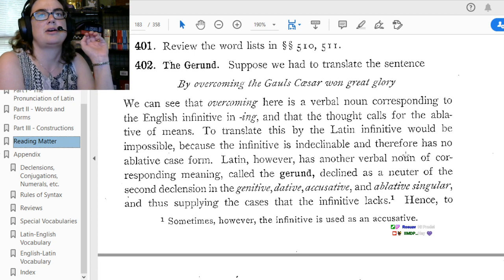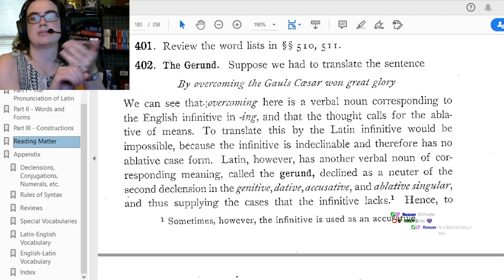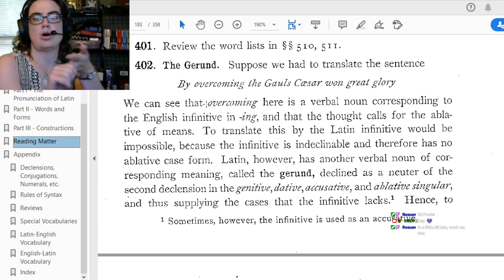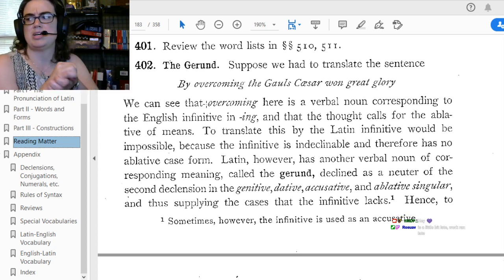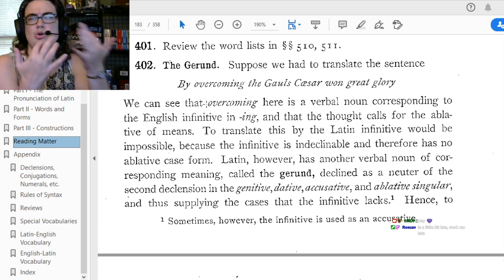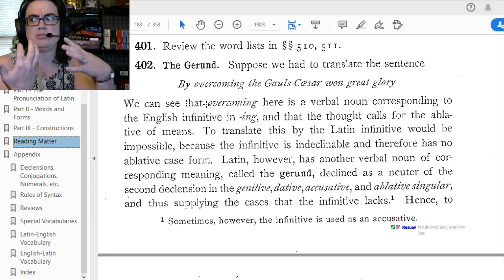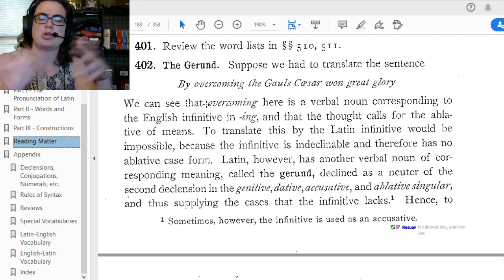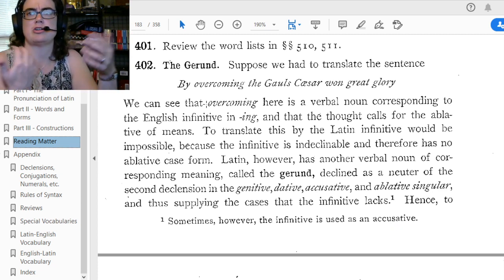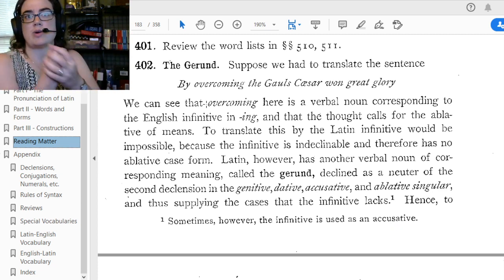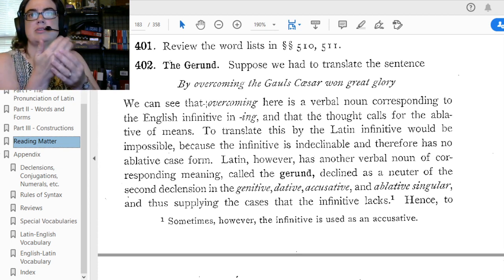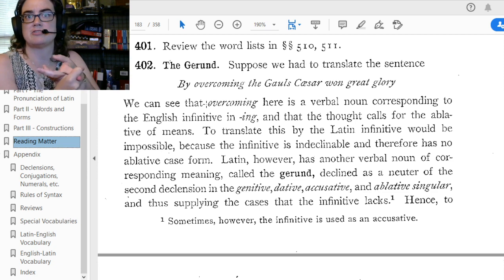So it's a second declension, so it gets the e, o endings. We only need, for a gerund, we only need the singular because you don't need a plural verbal noun. You only need the singular verbal noun for the gerund. And that's also why they say the gerund is a neuter second declension in the genitive, dative, accusative, ablative singular.